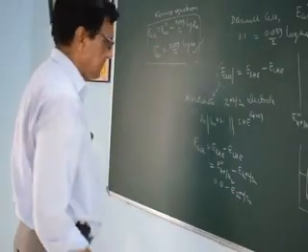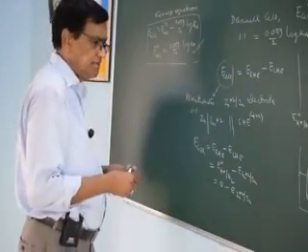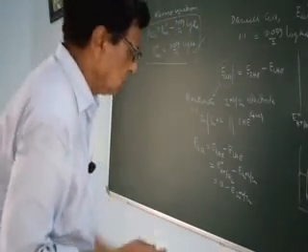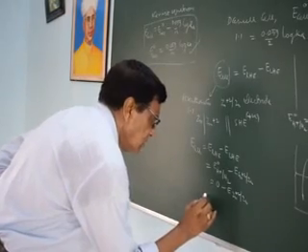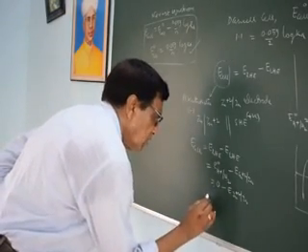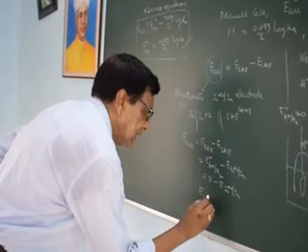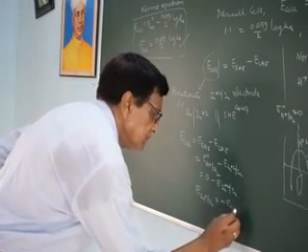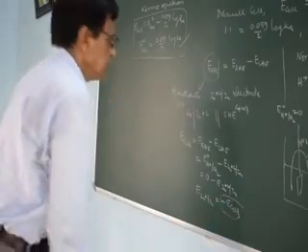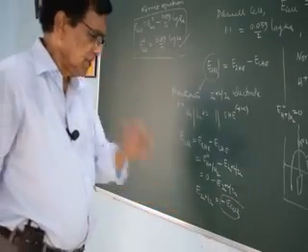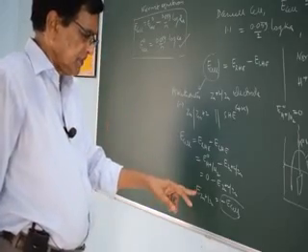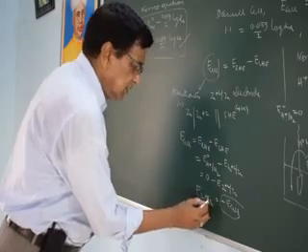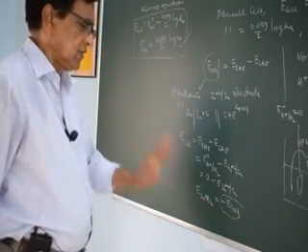So the potential of this zinc ion zinc electrode is equal to minus E cell, and this is determined by means of a potentiometer, and this will give the value of the zinc ion electrode.